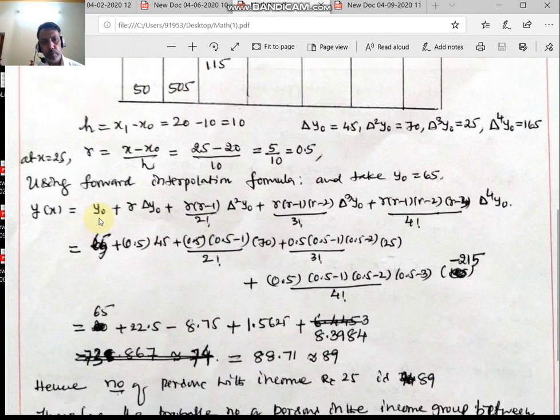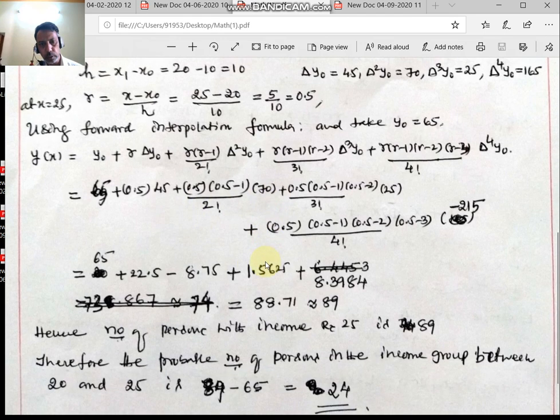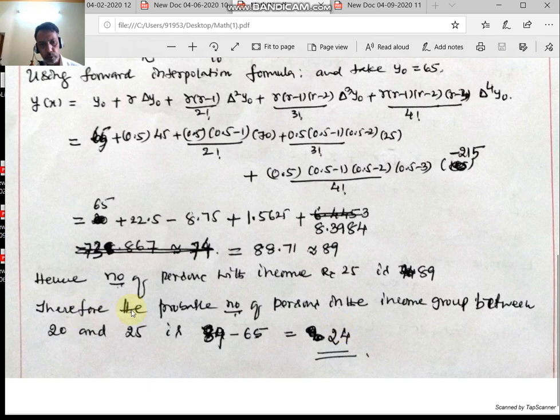Then when y0 is 65, the r value, del y0 values and up to del to the power 4 y0 values will be substituted, and simplifying, it amounts to 88.71 and approximated as 89. Hence the number of persons with income up to rupees 25 is 89. Therefore the probable number of persons in the income group between 20 and 25 is 89 minus 65 is 24.